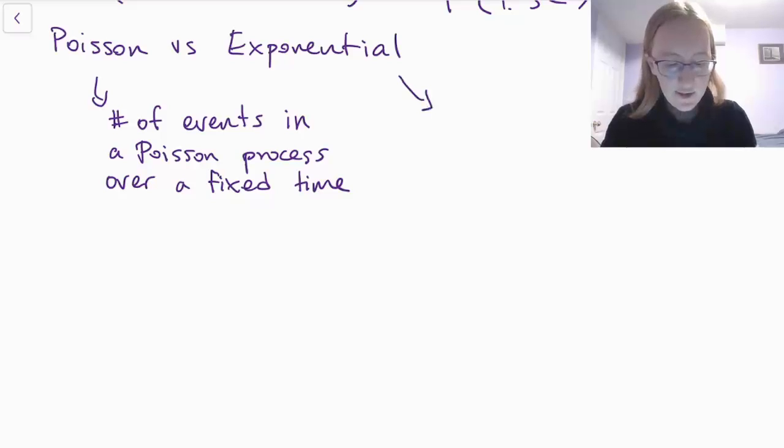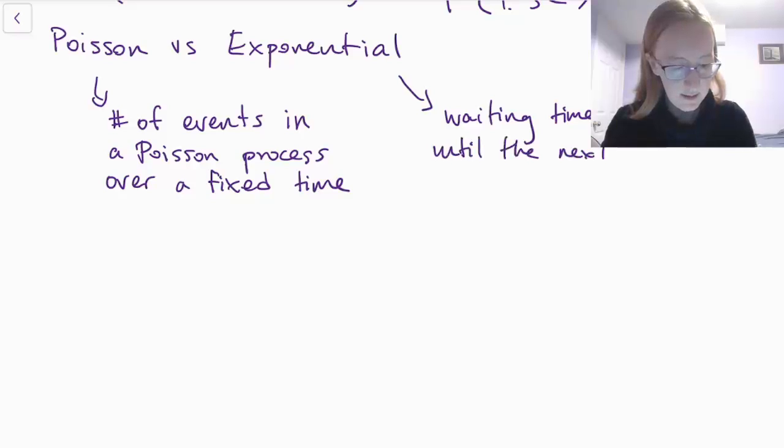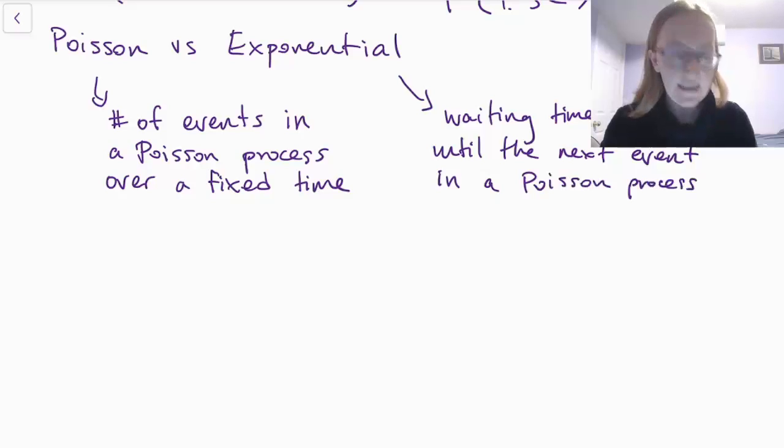Whereas the exponential is the waiting time until the next event in a Poisson process. So they both are very linked to each other.